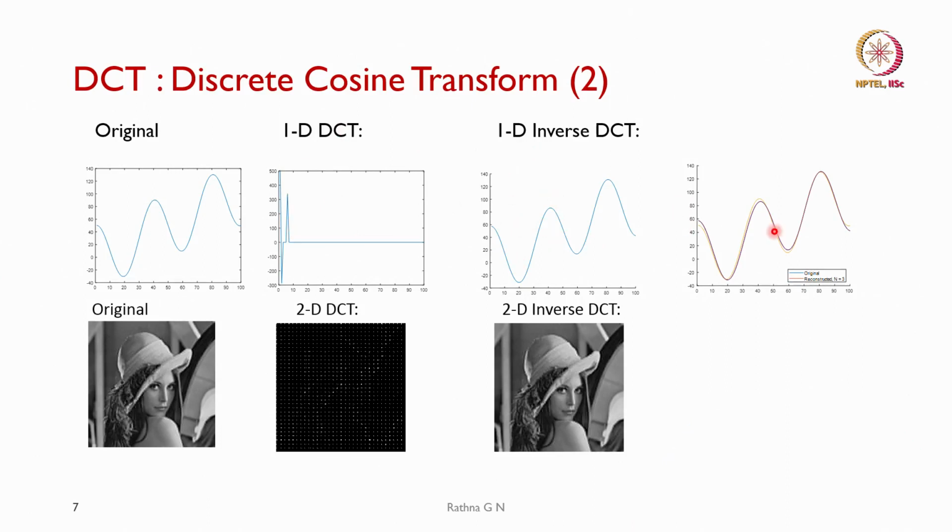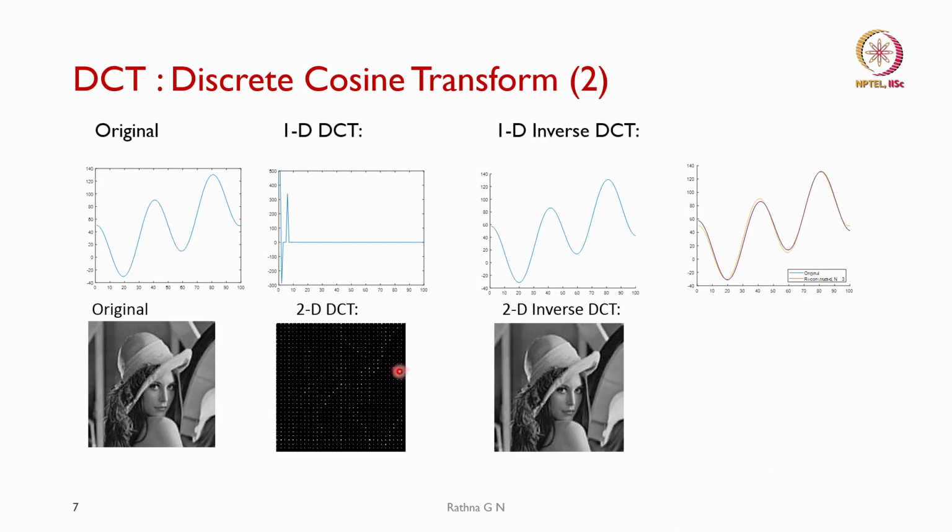To show the difference between the original and the reconstructed, blue shows the original and orange shows the reconstructed one. You will see that with little difference it almost follows the original.